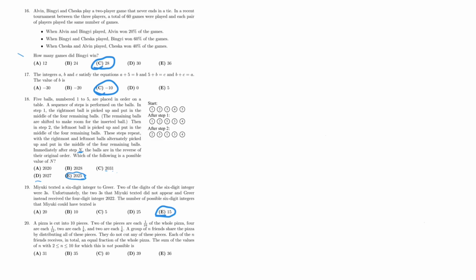A group of n friends share the pizza by distributing all of this pizza. They do not cut any of these pieces. Each of the n friends receives in total an equal fraction of the whole pizza. The sum of the values of n with n greater than or equal to 2 and less than or equal to 10, for which this is not possible, is.